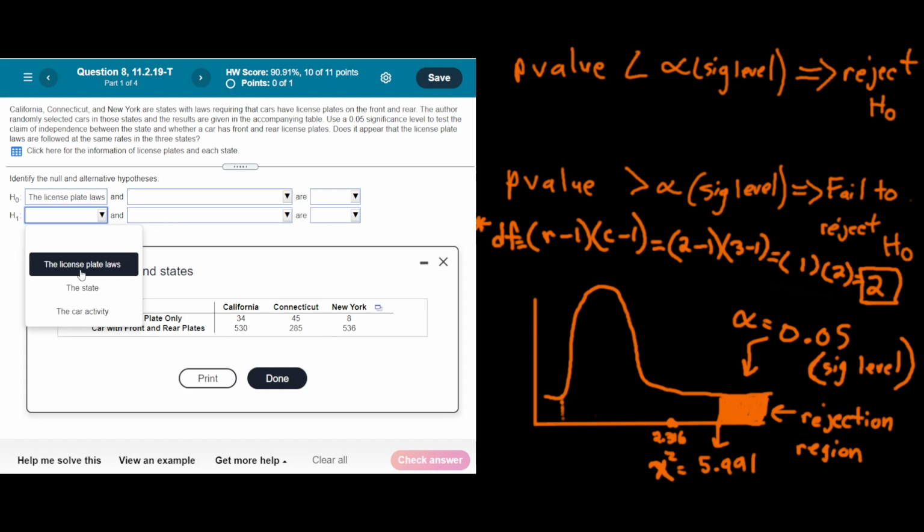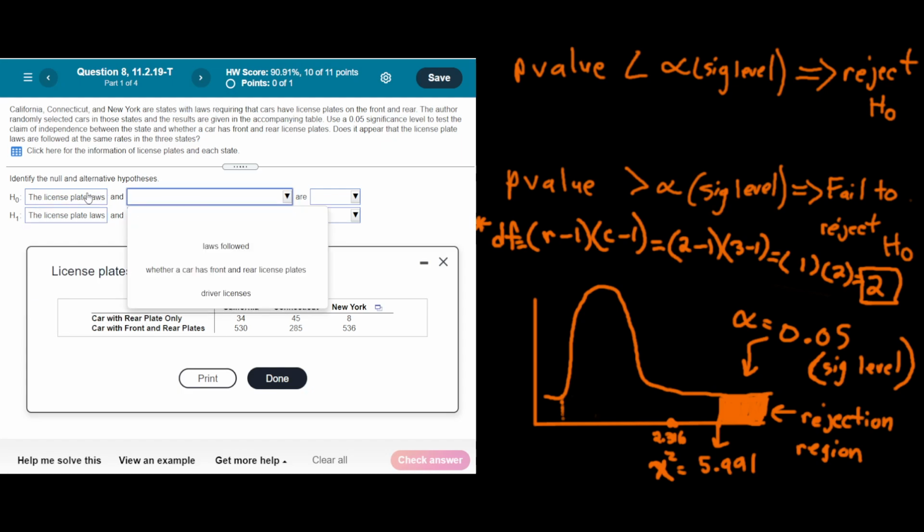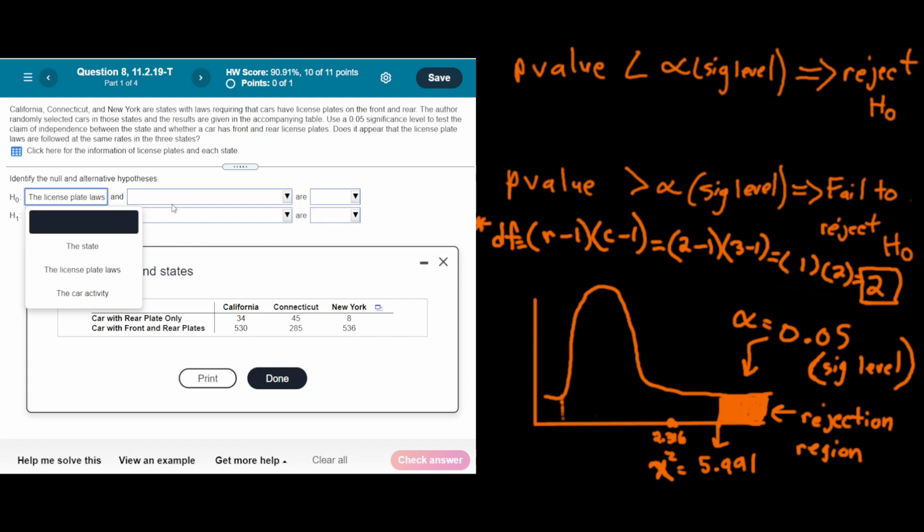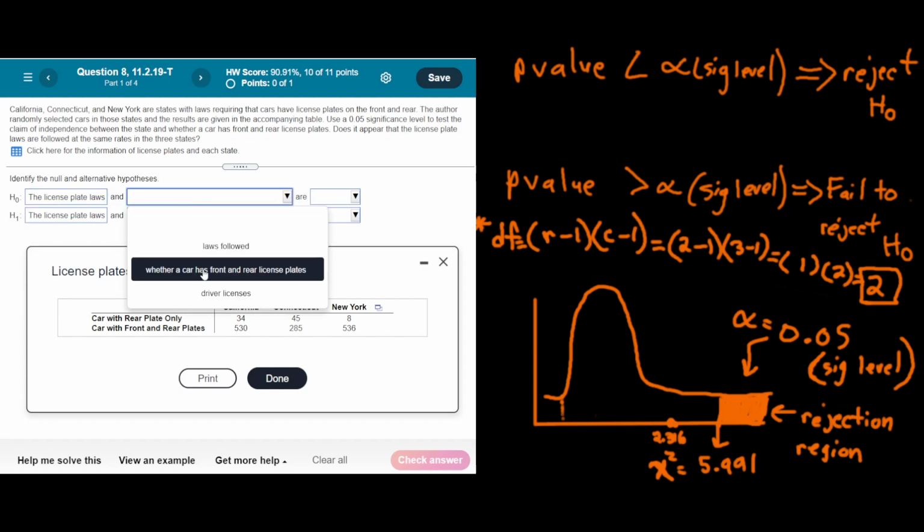Same thing, license plate laws. That's for the rows. Remember, the rows is talking about license plates, position, license plate laws, I guess. It should be state. Hold on, what's going on? Okay, looks like they have it in reverse.